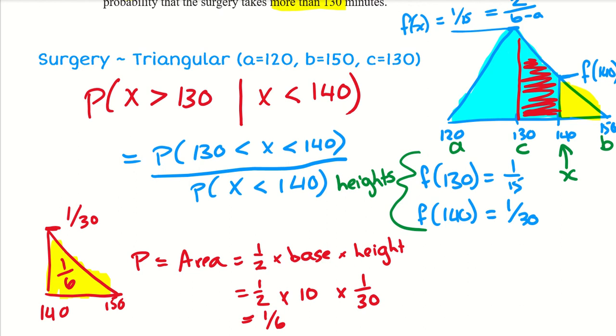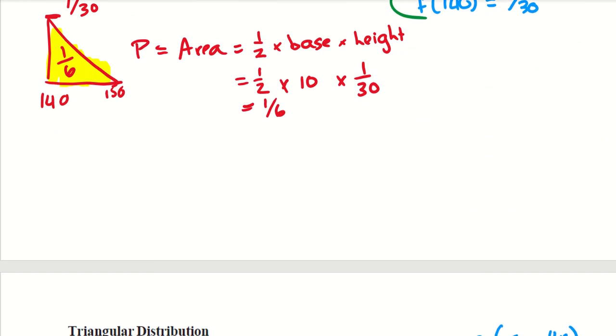And we found that that chance of being below 130 was 1/3. So this piece here is 1/3. The yellow piece there is 1/6. And we know that the whole probability has to add up to 100% or 1. So I can use that reasoning now to work out the area between 130 and 140.